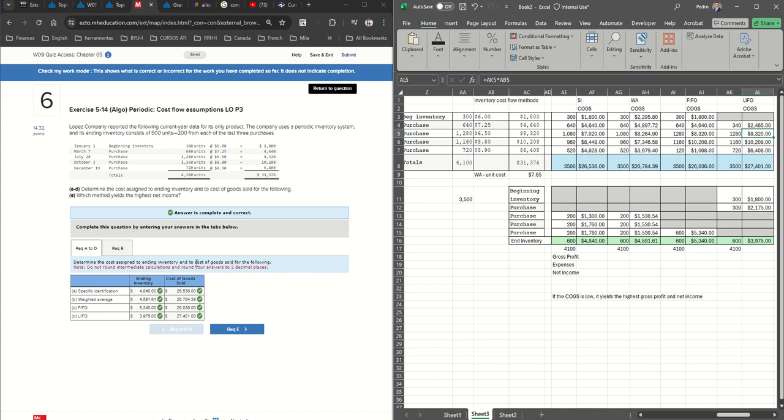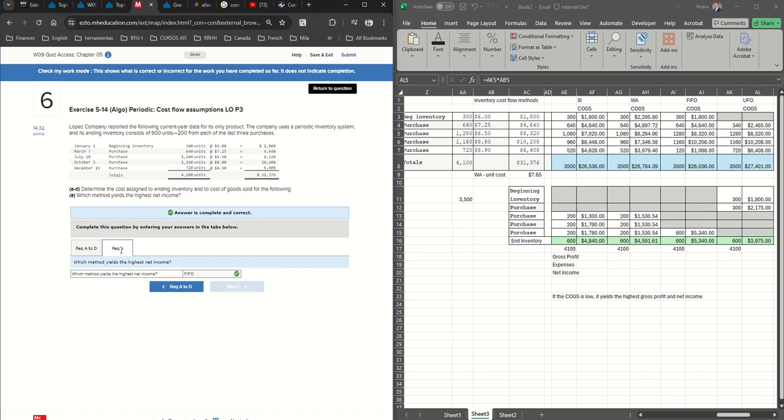So if you can recognize, all the answers are right. And the second question is also tricky, because the question says which method yields the highest net income, and probably you are trying to figure out which is the net income of this exercise.